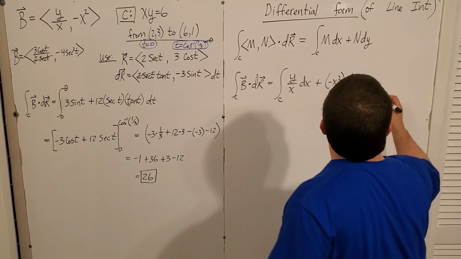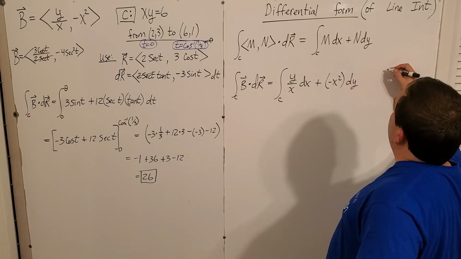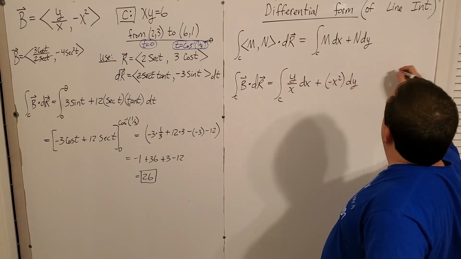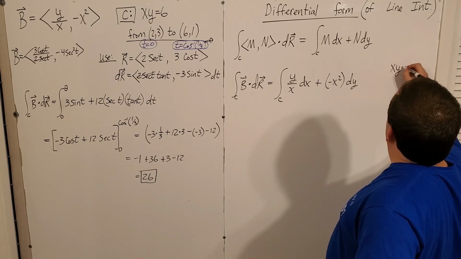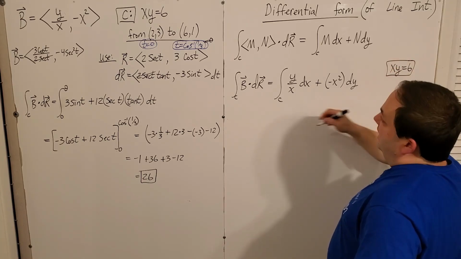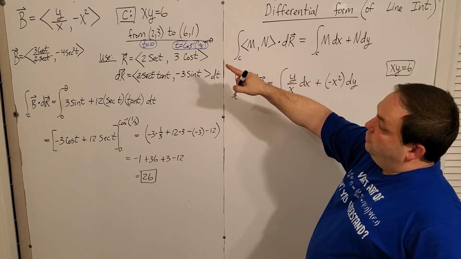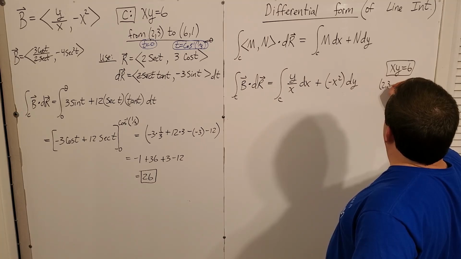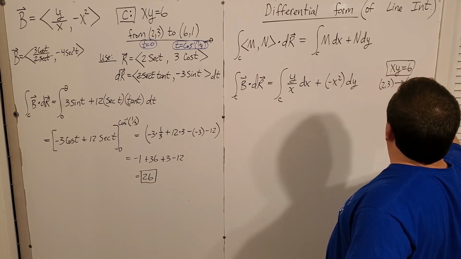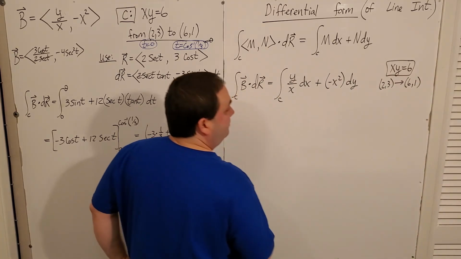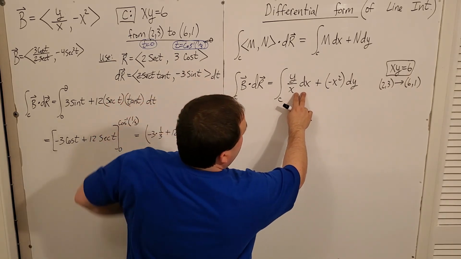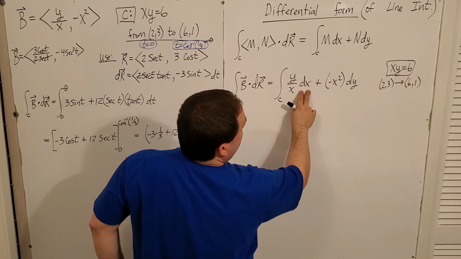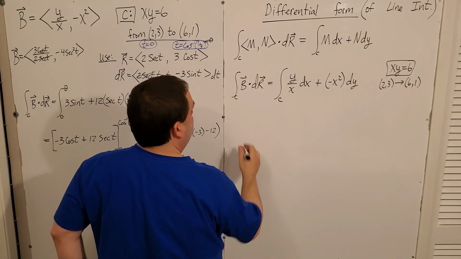My relationship is xy equals 6, and I have the points 2, 3 to 6, 1, from 2, 3 to 6, 1, like that. All right, so this is really two separate integrals, because one's a dx and one's a dy.